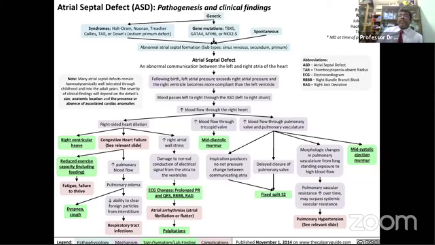In those cases, we call it Eisenmenger syndrome, and there may be a mixing of the deoxygenated blood with oxygenated blood. So in the body, oxygen saturation will be reduced. So the patient develops clubbing or cyanosis in the distal part. So actually, these are the pathogenesis of atrial septal defect.